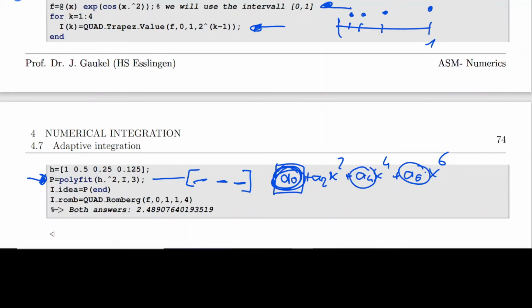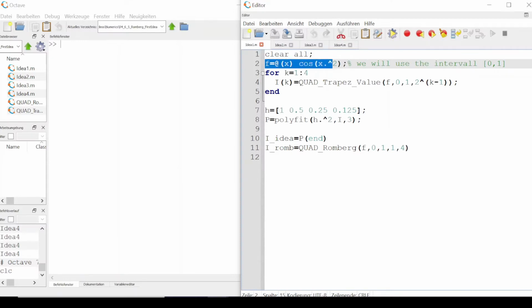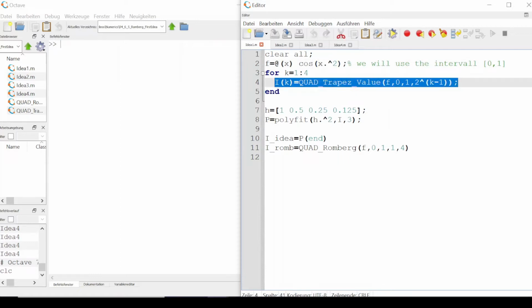Okay, that's what we can do, and then we can also apply Romberg here, and then we get exactly the same result. And this is always equal, as I will show you now. So let's use some function, and now let's get the 4 trapezoidal values, taking the first time only 1 part, then 2 parts, then 4 parts, then 8 parts.